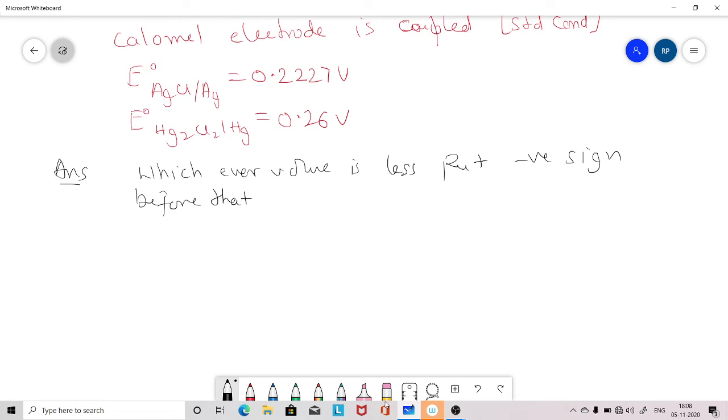The AgCl value is less, so what will be our E cell? E cell will be 0.26 minus 0.22, so that will become plus 0.04. That is a positive value, which means the cell will run. It will produce electricity because the value is positive. Plus 0.04, that is one aspect of the problem.